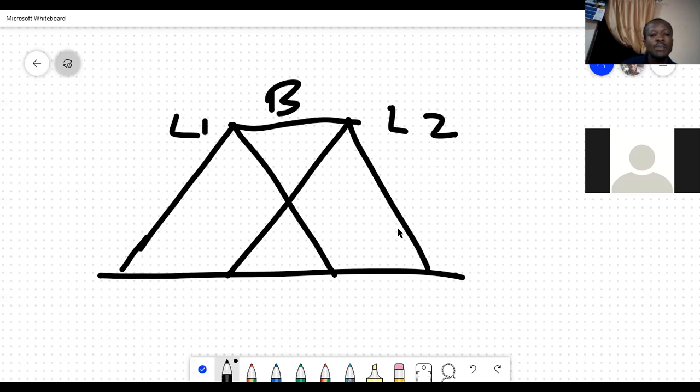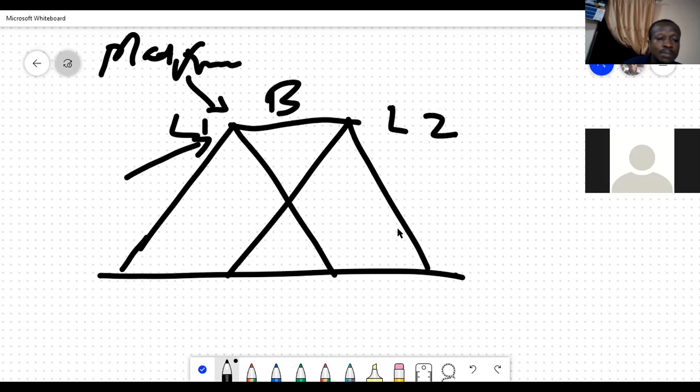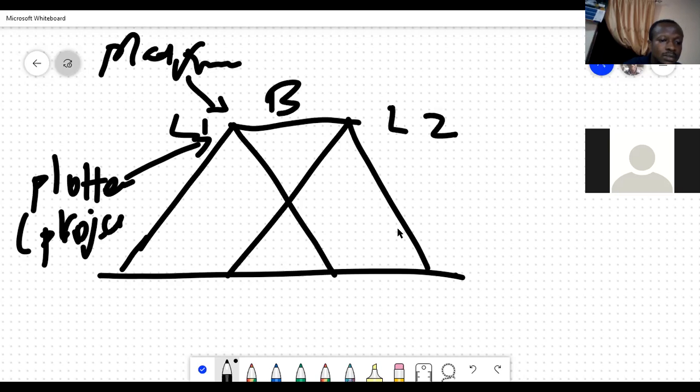Assuming it's a plane, once I put the platform here, the platform could be a helicopter or drone or whatever, then this becomes B. When I replace this with the plotter, the projector, then in that case, B becomes the model base.